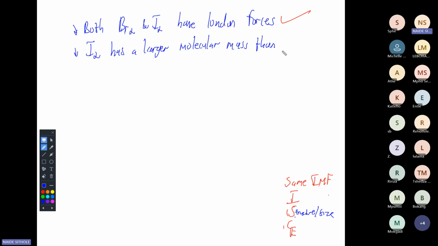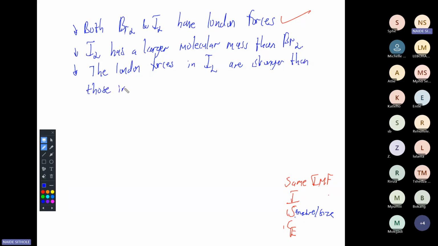Follow this template, guys. Meaning that the London forces in I2 are stronger than those in Br2.